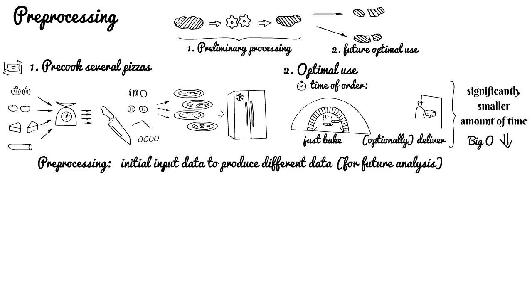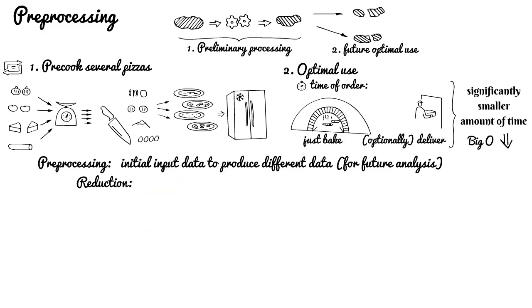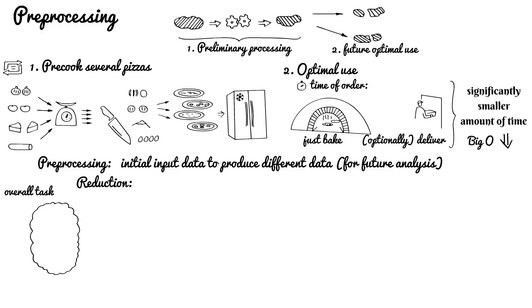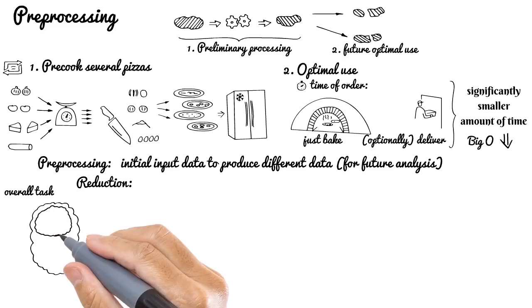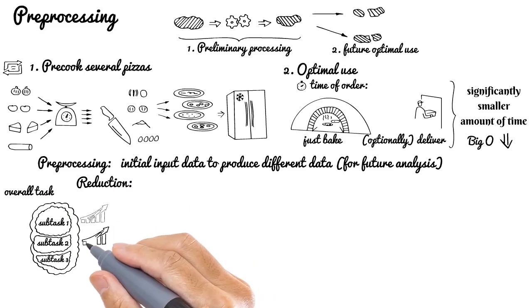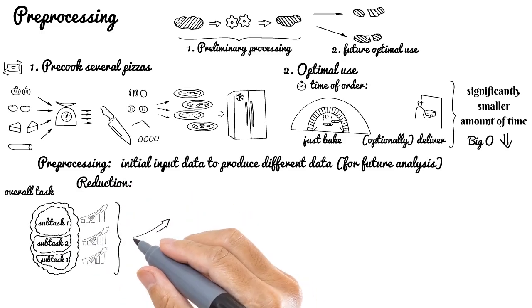Probably you remember from one of our previous videos the algorithm design technique named reduction. It's about the possibility to divide an overall task into subtasks when possible. Once divided, we can try to find the best, for example fastest, algorithms to solve each subtask.